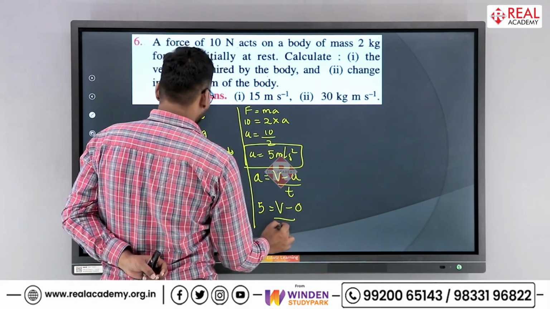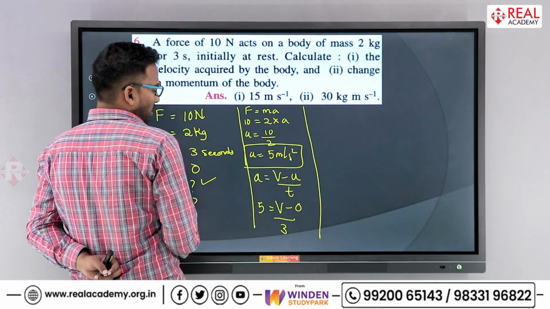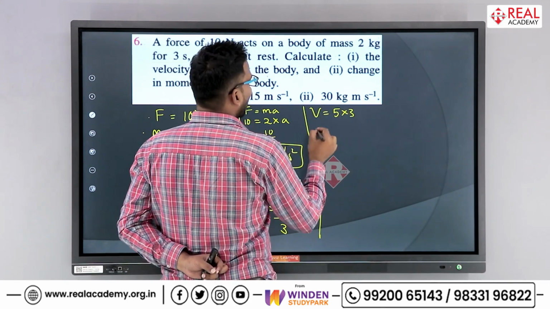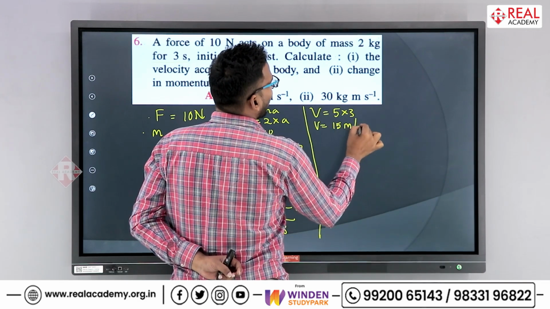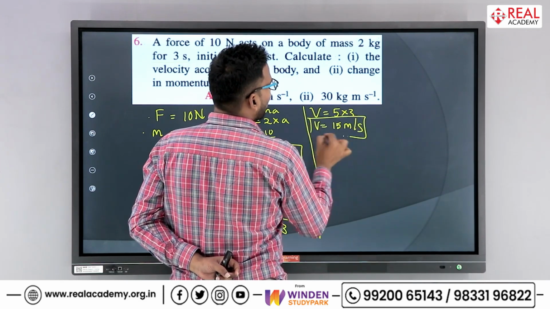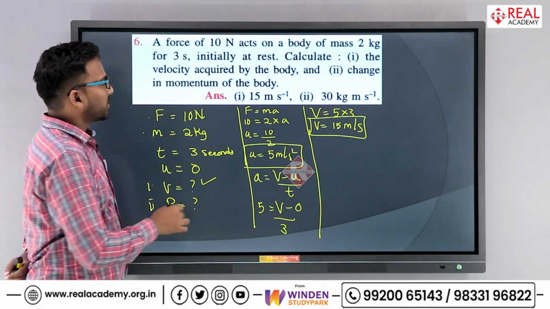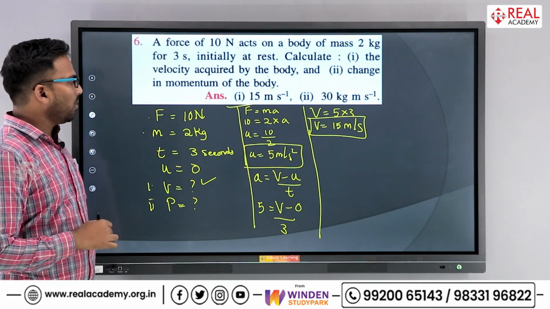For how much time? That is 3 seconds, right? So can I say velocity is equal to 5 into 3, right? So velocity will be 15 meter per second. Clear with this? This is the required answer. 15 meter per second. Okay.